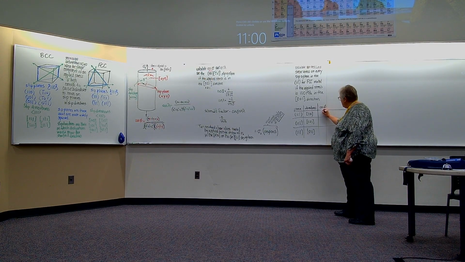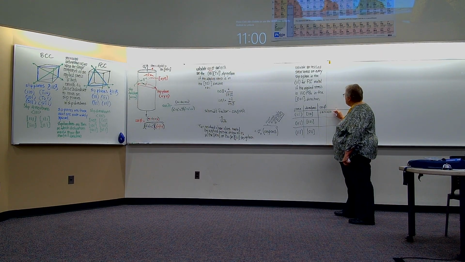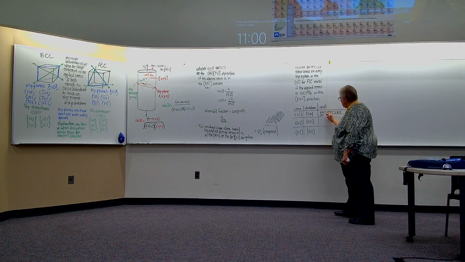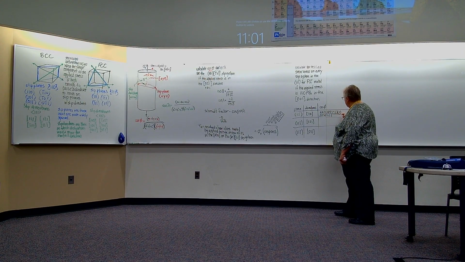It will be applied stress, 2, 0, 1 times 1, 1, negative 1: 2 plus 0 minus 1, divided by the square root of 2 squared plus 0 squared plus 1 squared times the square root of 1 squared plus 1 squared plus negative 1 squared.